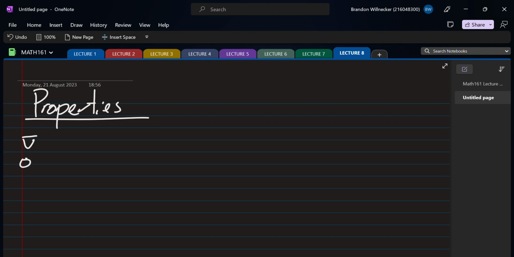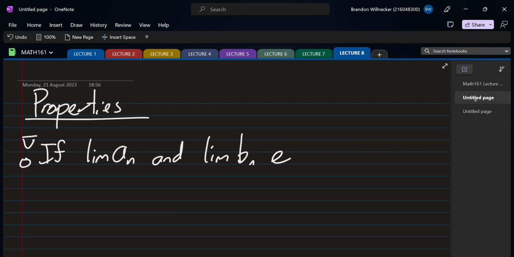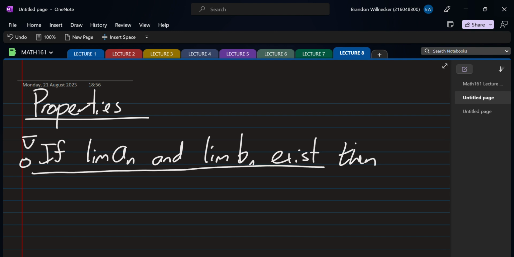These are for convergent sequences. So if the limit an and the limit bn exist, then... we have this big statement before all of these properties.